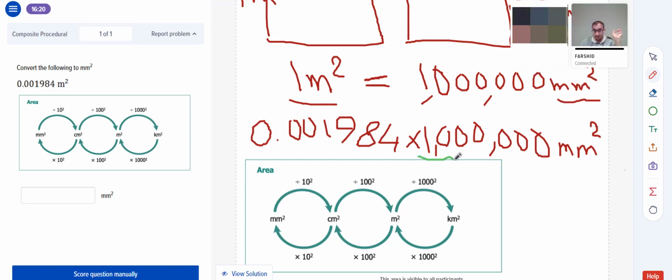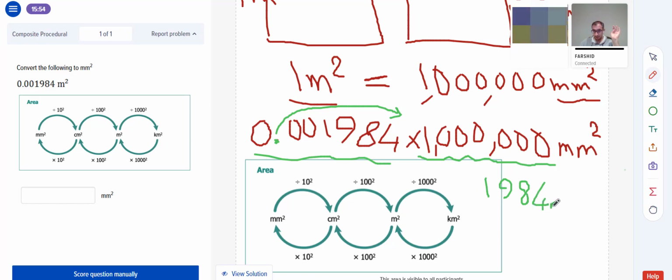We are multiplying this decimal number by 1 million, which has 6 zeros. It means that the decimal point moves to the right by 6 digits. So 1, 2, 3, 4, 5, 6. What does it mean? It comes here, 1984, and decimal point comes here.